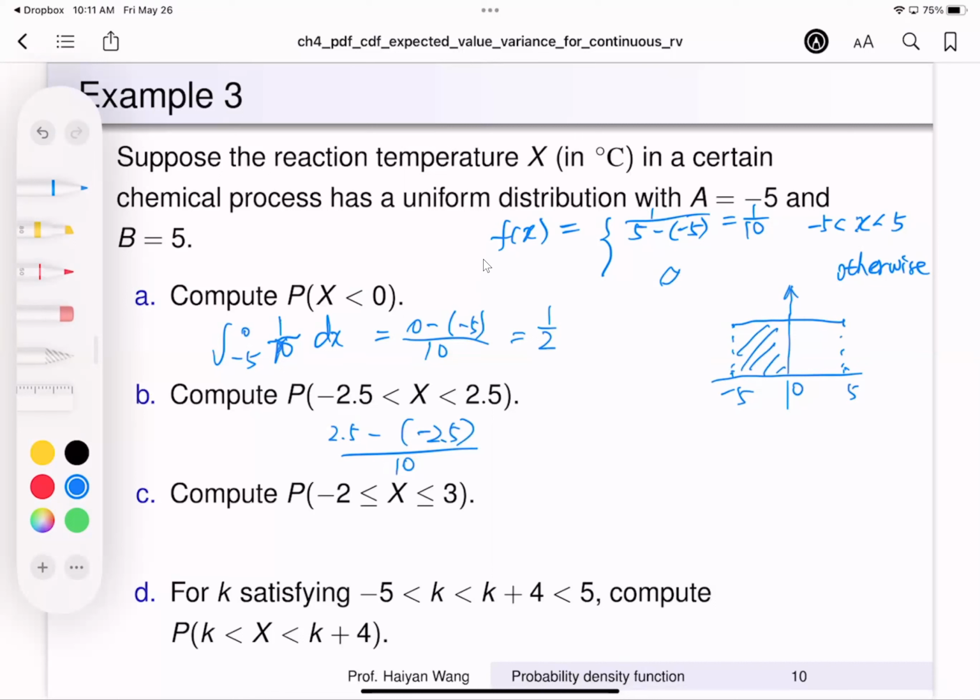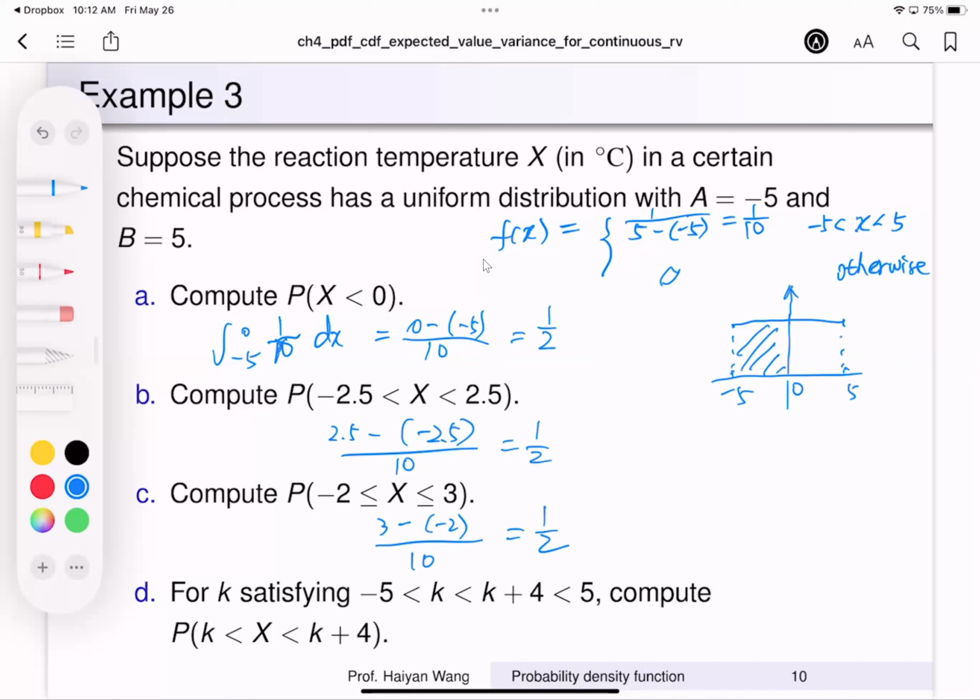And the numerator, upper bound minus lower bound, is from the integration. So eventually, this one will give us also half. Similarly, for the next one, you have -2 and 3, which are both inside of -5 to +5. So this probability will be computed as 3 minus -2, divided by 10. And again, you will get half as the probability.